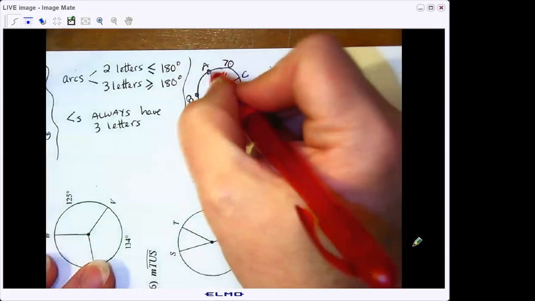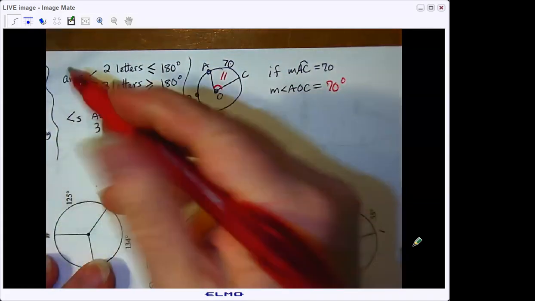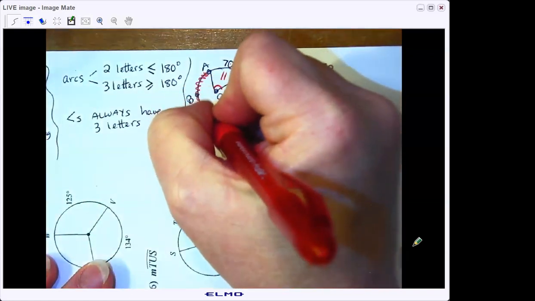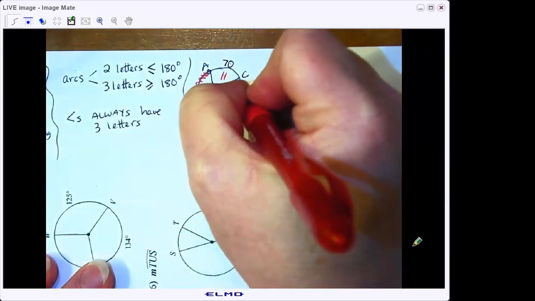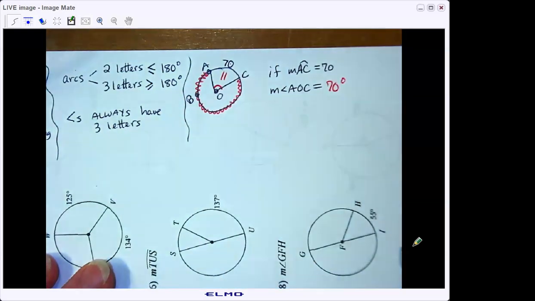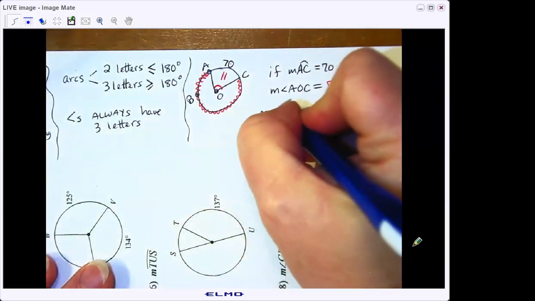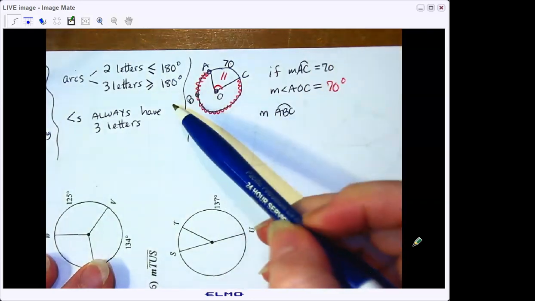So if this is 70, find the value of arc ABC, the rest of your circle, and put it in the chat box. Now we're going to find the measure of arc ABC. And remember, it's like a road map.